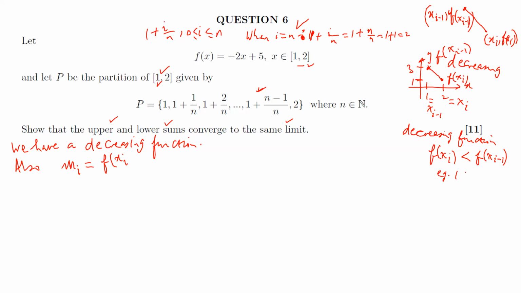For example, 1 is less than 3 for y. Okay, because x is from 1 to 2. So the 1 and 3 are not at all a contradiction. They are endpoints on the y-axis. So we find this one is f(xi).